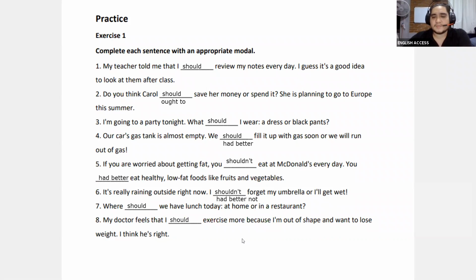Let's say you might be overweight, but just a little, and my doctor feels that I should exercise more. But if it were like my doctor says or my doctor recommends, then it would be ought to or had better, depending on how serious the condition you have is.